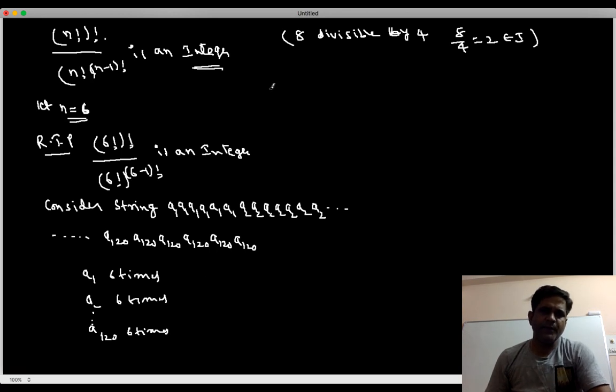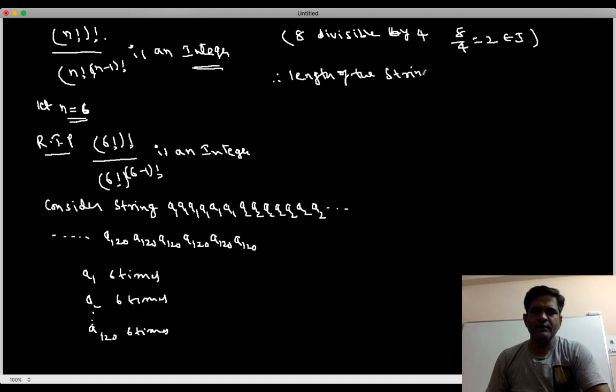Therefore the length of the string is 120 into 6, that is 720. This is the length of the string.